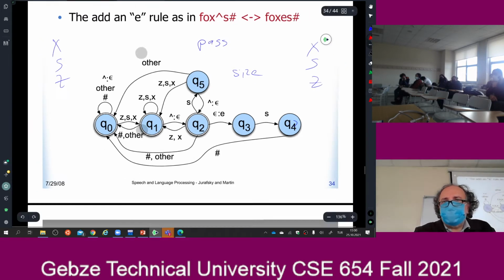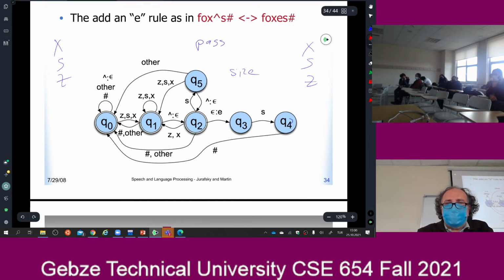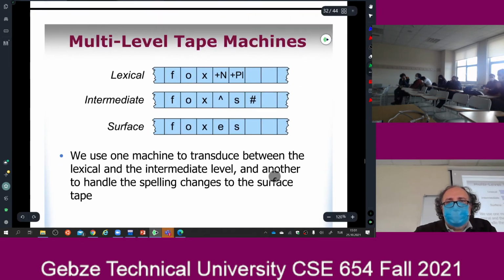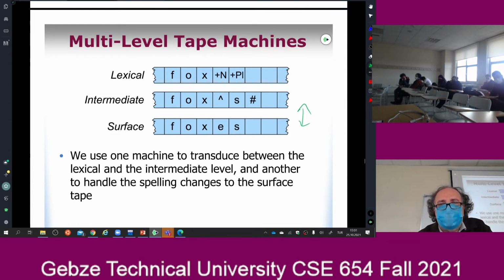Okay, maybe I can look at this. Every time I look at this one, I get confused, but it works. I tried it many times. So this path and this path just work for everything. Okay, so what did we do? We put something in between from surface to intermediate.